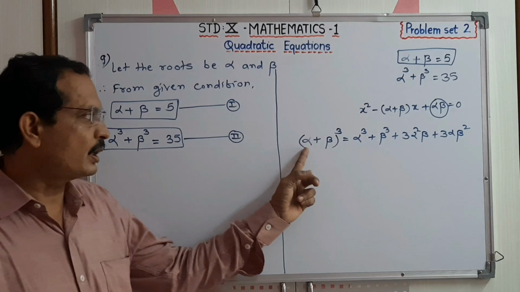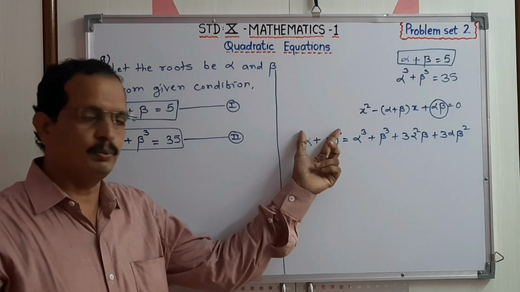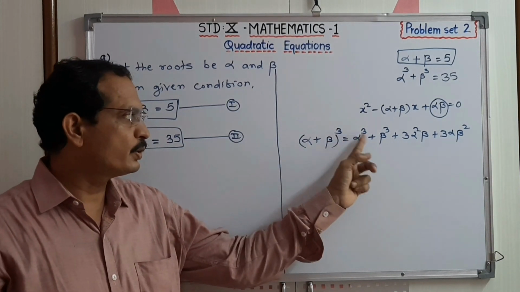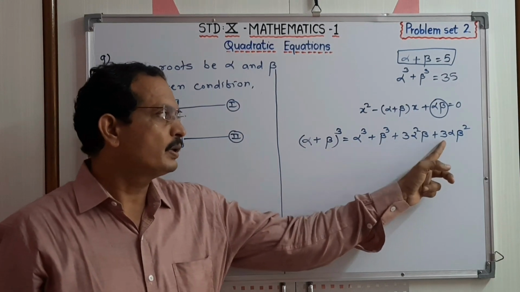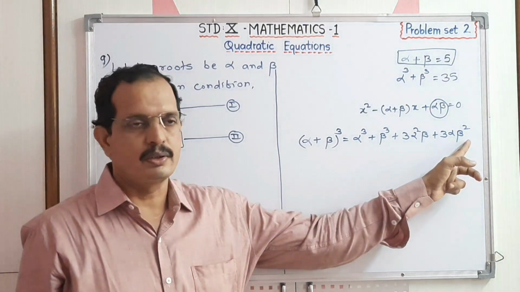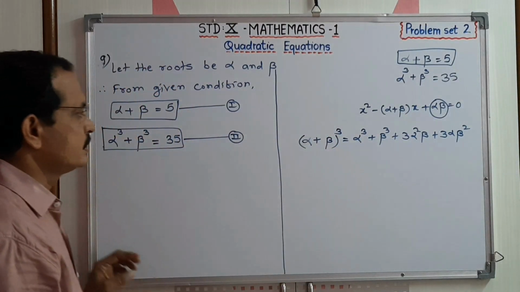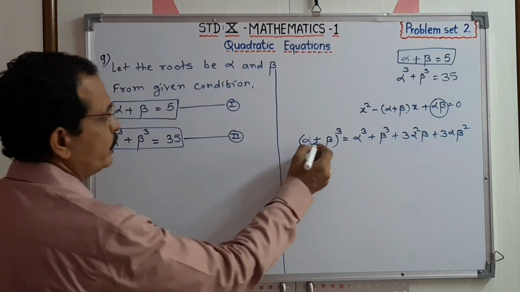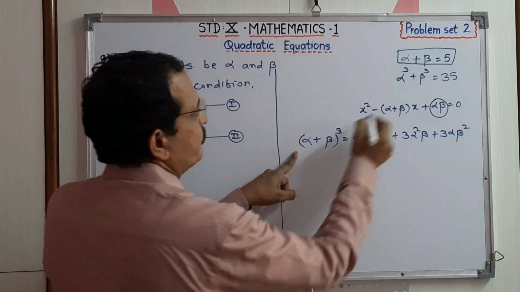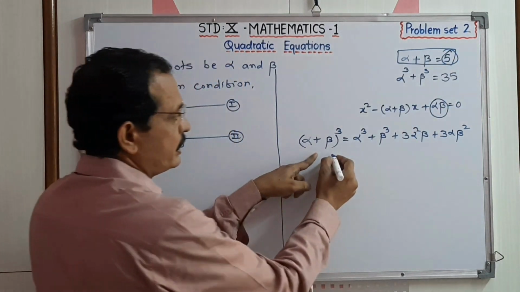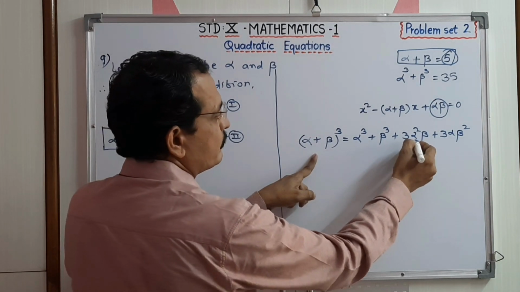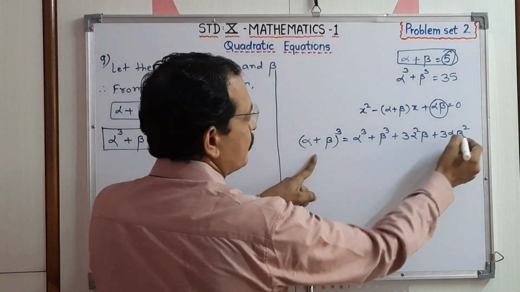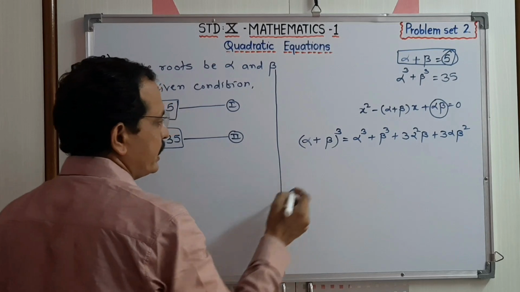Now for that purpose, we know the value of alpha plus beta, which is already given. Now we can change this here.